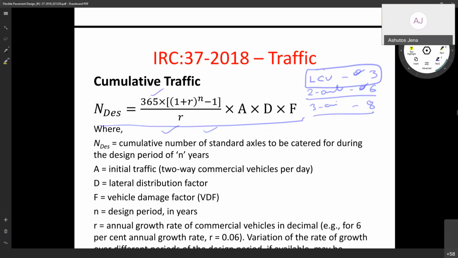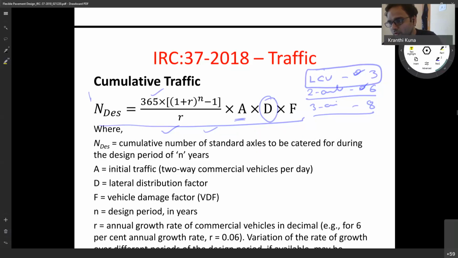But sir, in some books, the vehicle damage factor is directly given. So in IRC 37 as well, it specifies that if the project is a small project, there are some default values given. In that case, you can do this calculation and multiply: here your A will be in terms of commercial vehicles, and you multiply with the damaging factor.